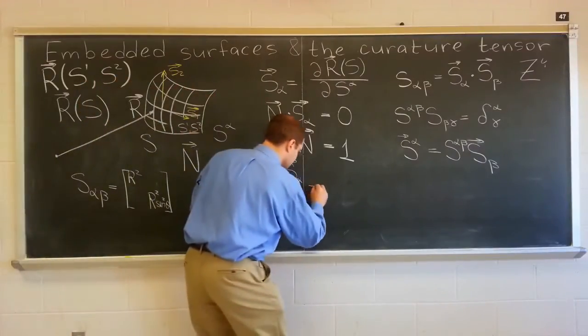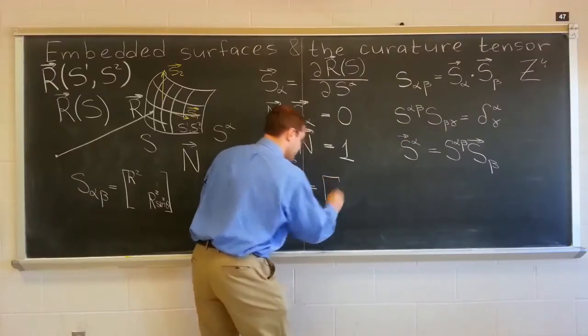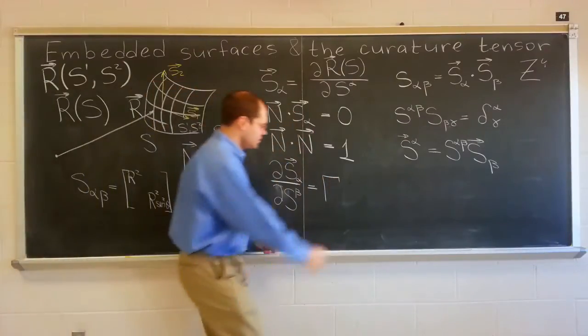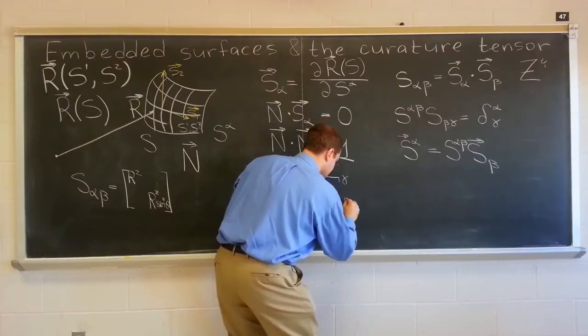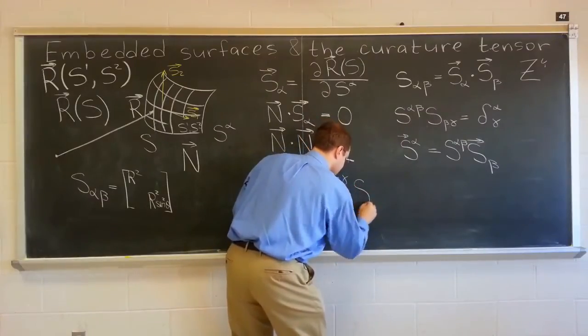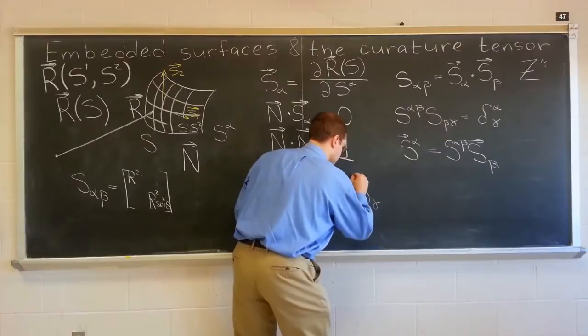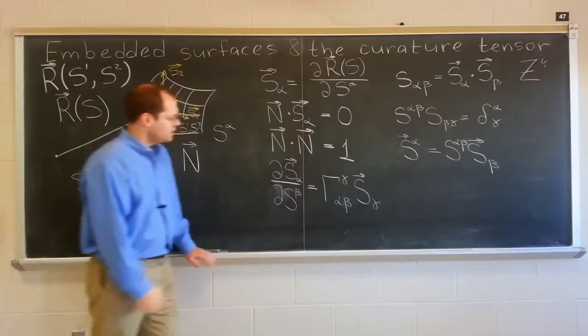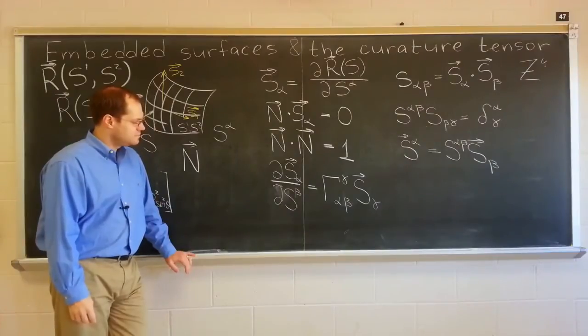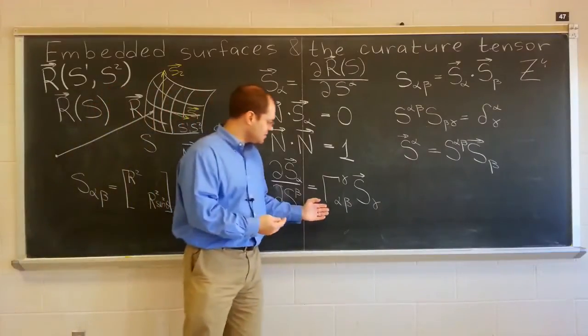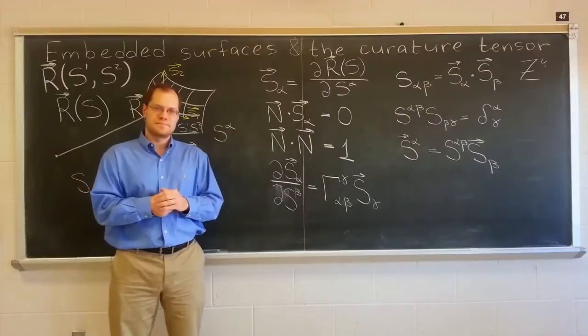And let's call those coefficients elements of the Christoffel symbol, Gamma, with indices alpha, beta, and gamma. And that's the definition of the Christoffel symbol. So the analogy with Euclidean spaces seems to be complete.